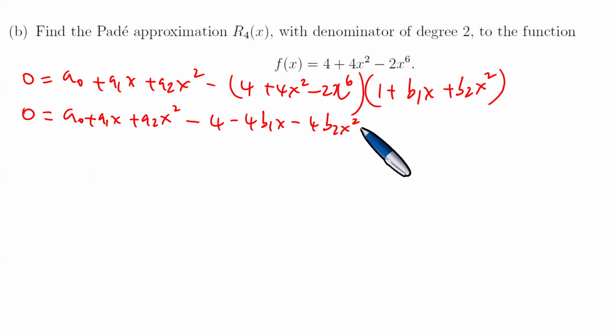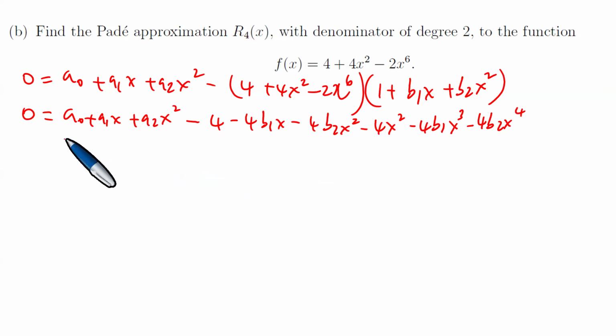So now you have minus 4b1x cubed. Okay. So minus 2x to the 6th power.